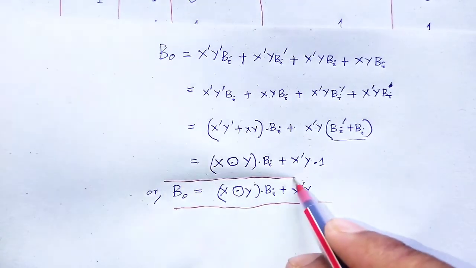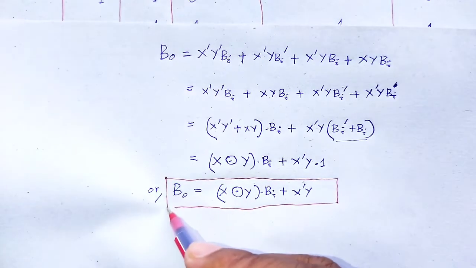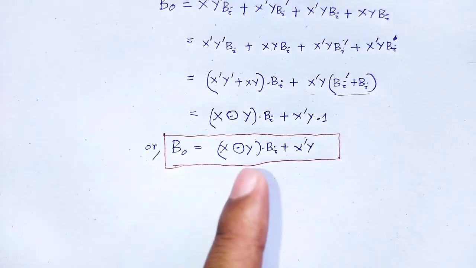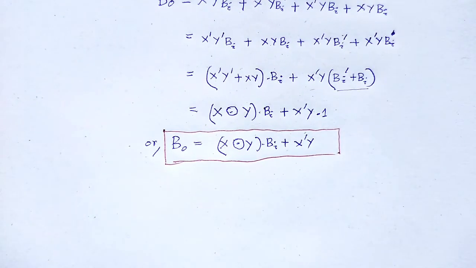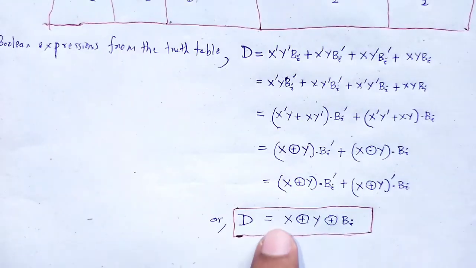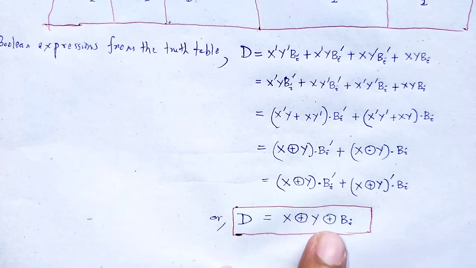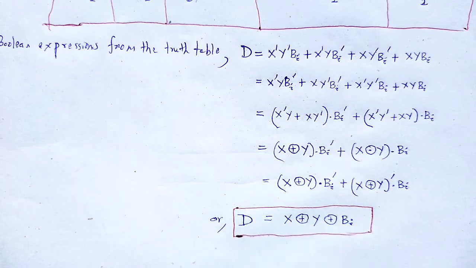Now using these two Boolean expressions, one for D and another for borrow out, we can draw the logic circuit for full subtractor. First we have D is equal to x XOR y XOR bi, so XOR gate is used.